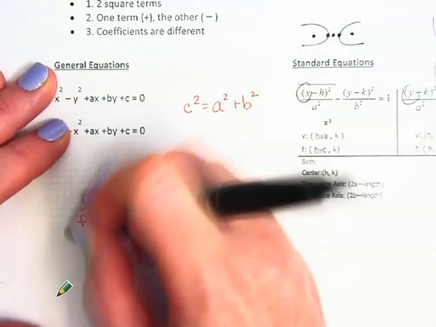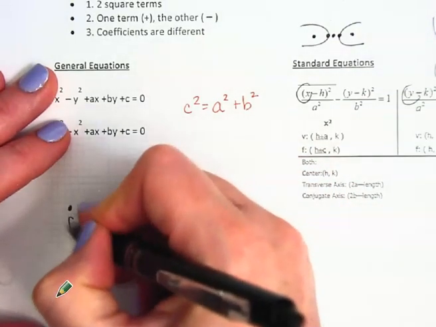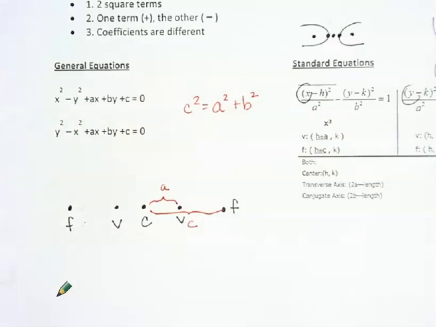Now from the center, what we're going to be doing is graphing some asymptotes. These asymptotes are going to be linear equations. So if you remember, when we graph linear equations, we use slope, rise over run.